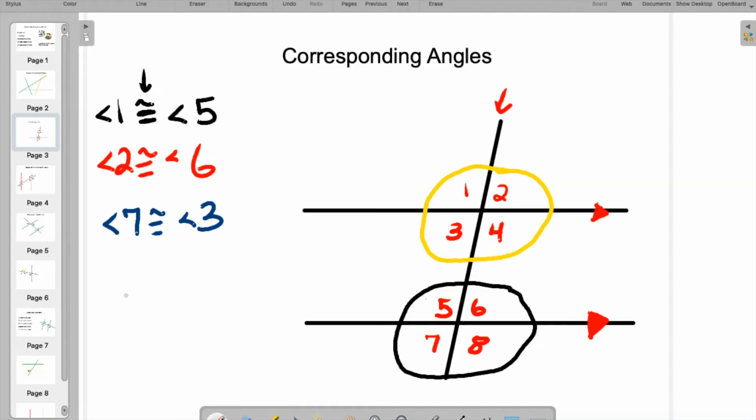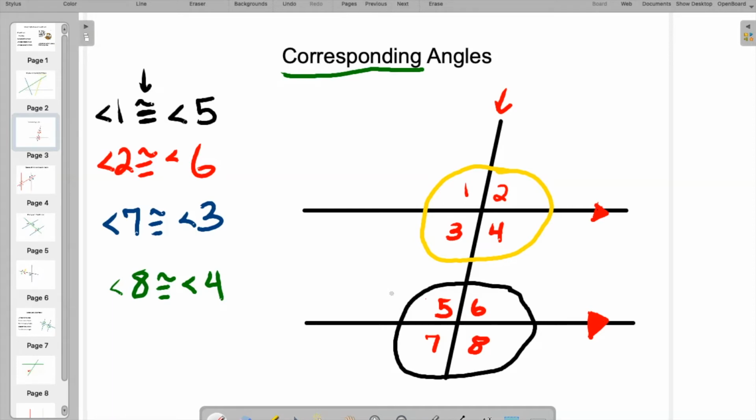And finally, angle 8 is congruent to angle 4. And these are called corresponding angles. It means they have the same orientation on their portion of the parallel line where the transversal intersects with it. So top left equals top left, top right equals top right, bottom left equals bottom left, and bottom right equals bottom right.